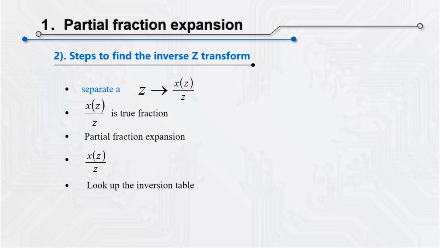The form obtained is a form such as z over z minus zi. Finally, let's check the inverse z transform table. Thus, the corresponding inverse z transform representation is obtained. This is the general step to find the inverse Z transform.